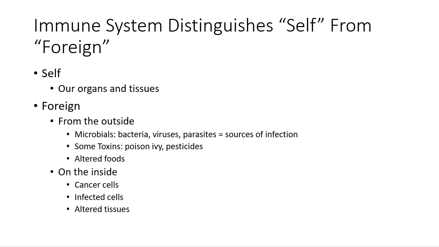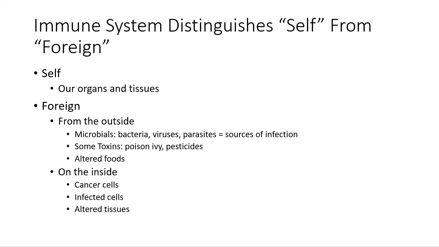Toxins are also considered foreign, and there are foreign substances that also accumulate on the inside. So when a healthy cell turns cancerous, it is designated as foreign, and the immune system eliminates it. Also, if a cell within our body becomes infected, say by a virus, it is designated foreign, and the immune system attacks it and eliminates it.